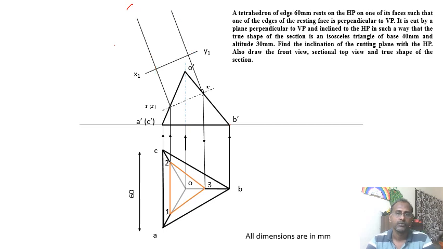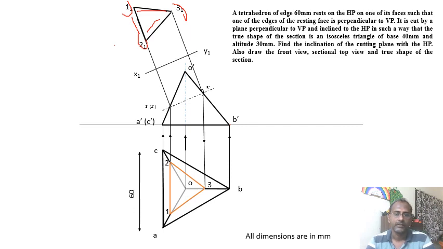If you do so, you will end up with an isosceles triangle, something like this, named 1 suffix 1, 2 suffix 1, and 3 suffix 1. This will be an isosceles triangle with 2 edges of equal length and 1 base edge of different length, right?